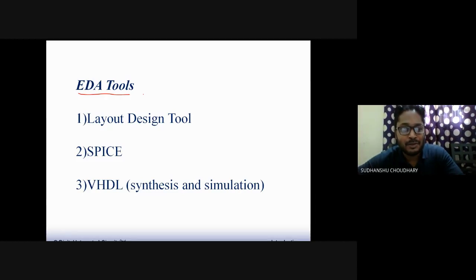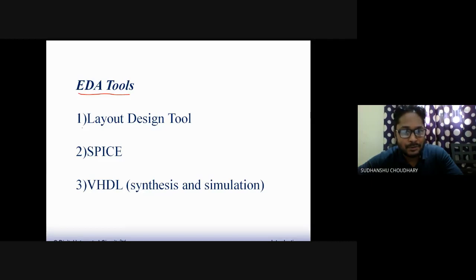Because the complexity of integrated circuits has increased to an extent that without these EDA tools, you cannot think about designing a digital IC today, because it has millions of gates now, not millions, but trillions of gates present today on a microprocessor. So obviously you need some electronic design automation tools, and you cannot handcraft everything. So we'll also have an exposure to these EDA tools.